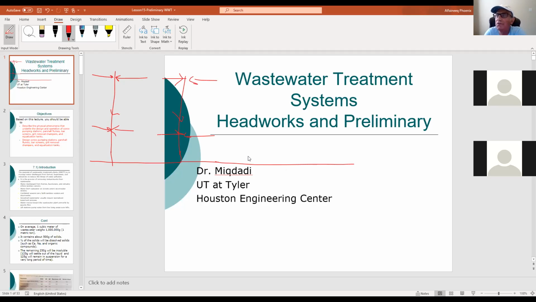Let's say this is the interceptor, the last one. The last trunk, okay? These are lateral submains or mains, and this is the trunk, whatever you want to call it.